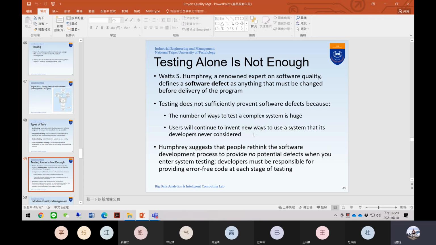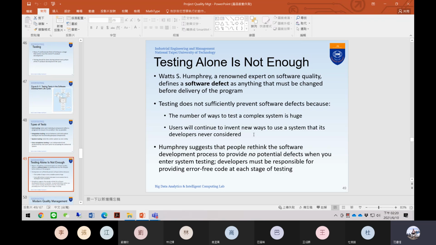So Humphrey suggests that people rethink the software development process to provide no potential defects when entering system testing. Developers must be responsible for providing error-free code at each stage of testing. So it is quite stringent.